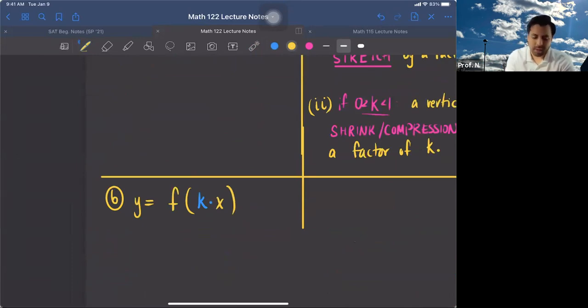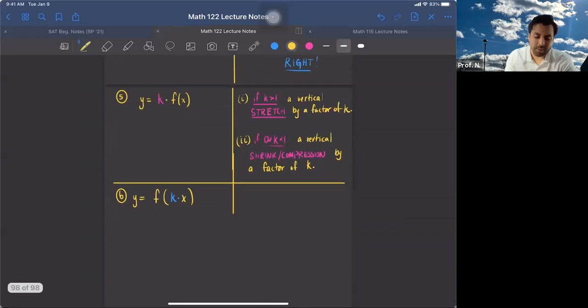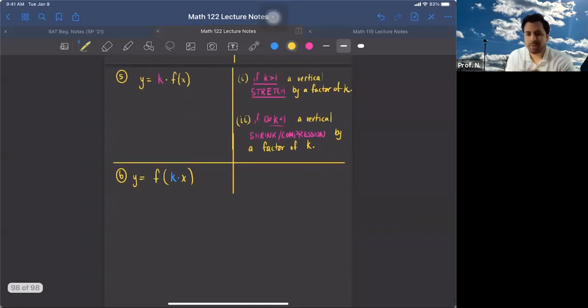So there's a connection there between vertical and horizontal commands. The vertical commands are on the outside of the function. The horizontal commands are inside of the parentheses for the x value. And now we also have this same kind of split.